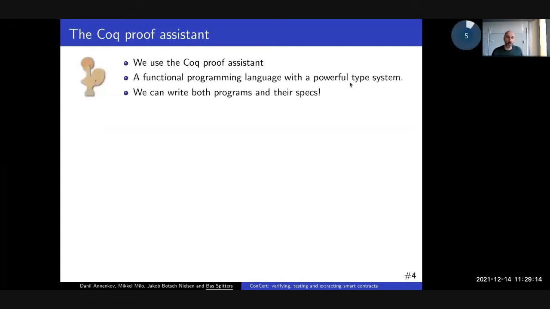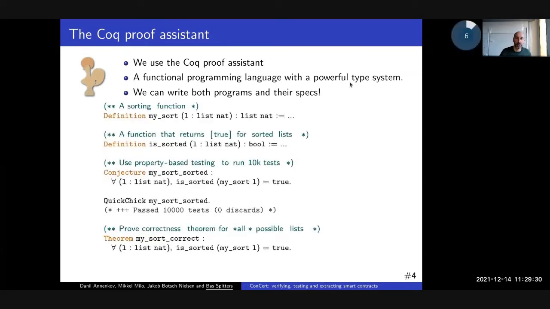So we use the Coq proof assistant, which of course has been developed by Inria for 3.5 decades by now. It's a functional programming language with a powerful type system, and we can write both programs and their specifications in the same system. You could write a sorting function, quicksort or merge sort.